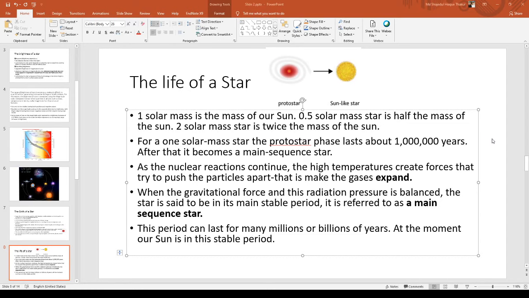It's not called radiation pressure in the case of a grenade, but in the case of a nuclear fusion reaction, it's called radiation pressure, because a huge reaction is occurring in the center. So obviously a large force is going to go out in all directions because the energy is trying to escape to the surface. So that's radiation pressure. That's the outward force.